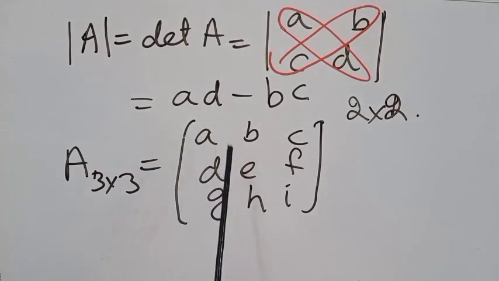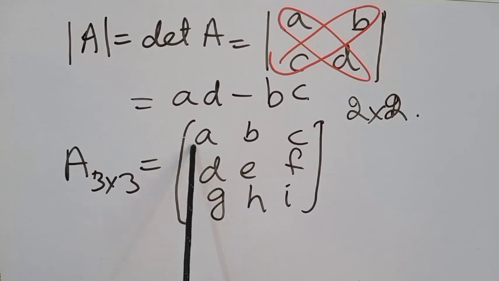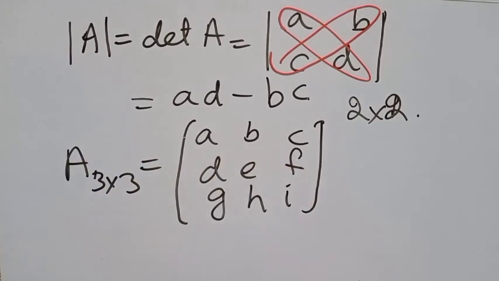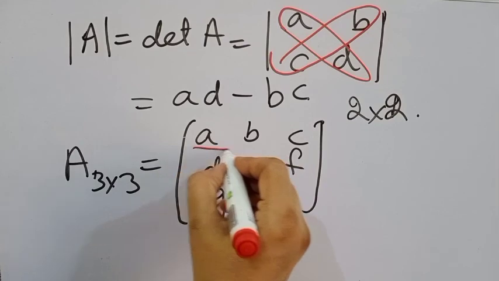The first element is a. Now the element a will be multiplied with that. It's important: we exclude the first row and first column.